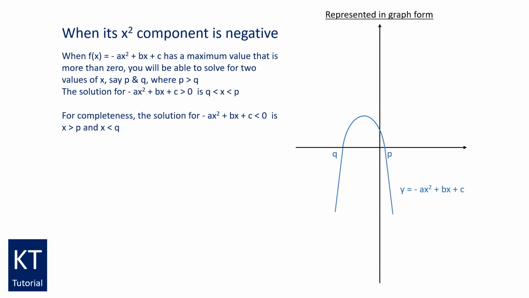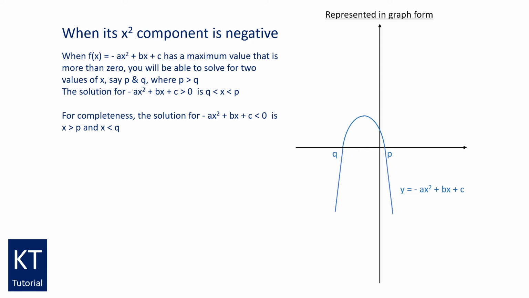Next, I wish to take you through when its x² component is negative. This is when f(x) is equal to -ax² + bx + c, which should now have a maximum value that is more than 0. Here, you'll be able to solve for two values of x. Again, we'll represent them as p and q, where p is larger than q.